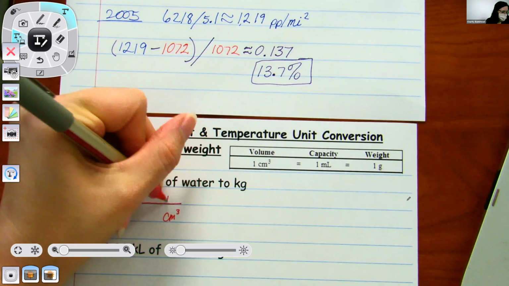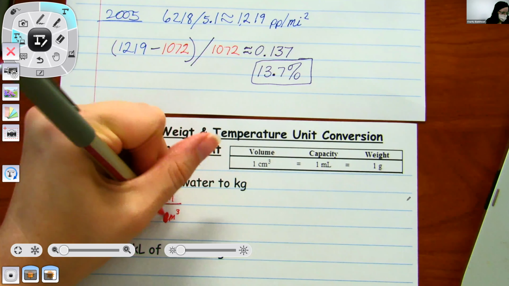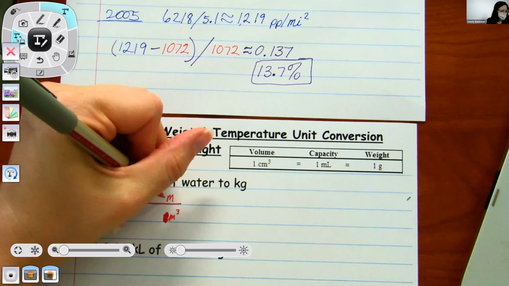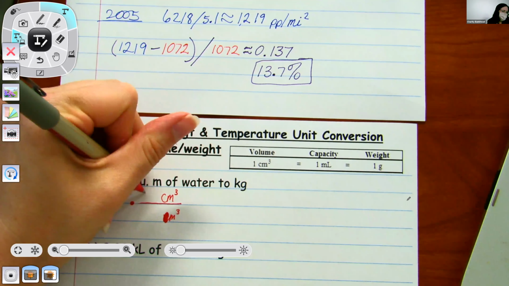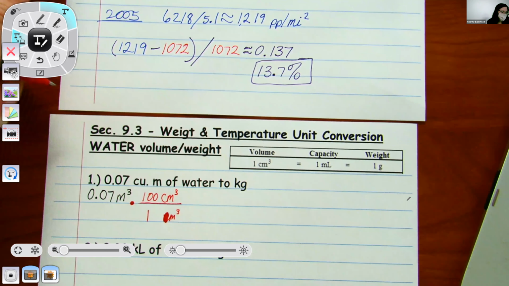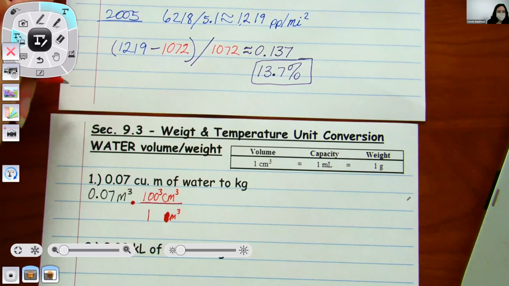So I need to put the meters on the denominator. I know that there are 100 centimeters in 1 meter, and since it's cubic units, I would take that 100 and raise it to the third power.